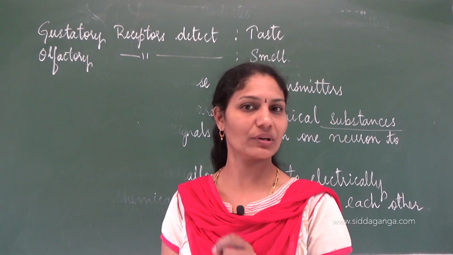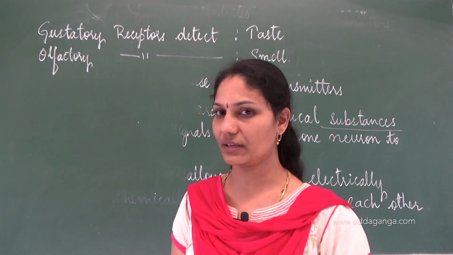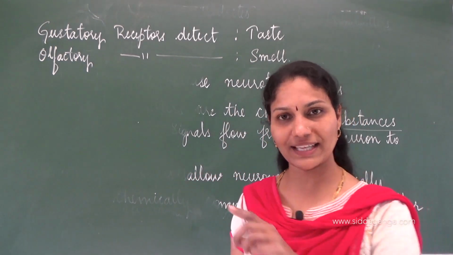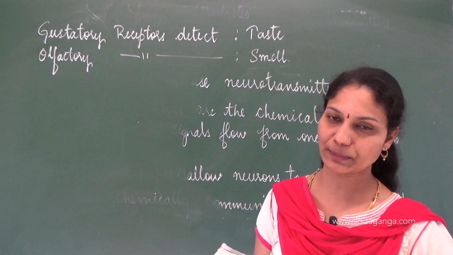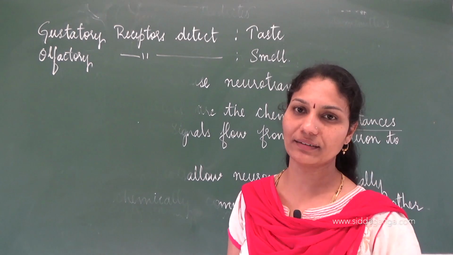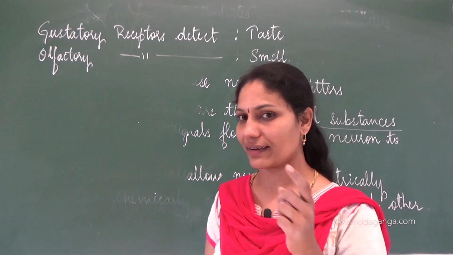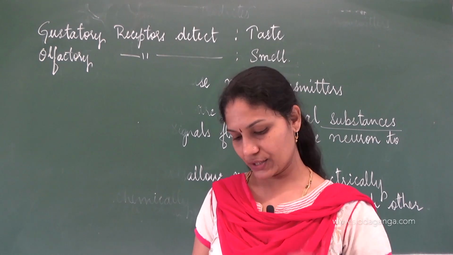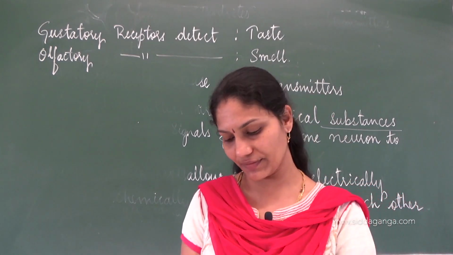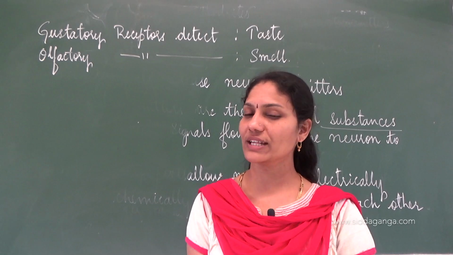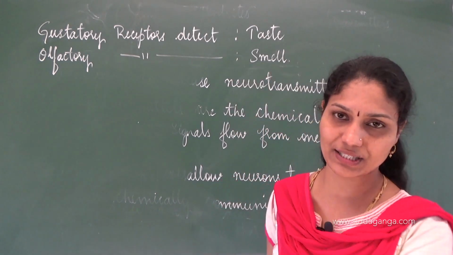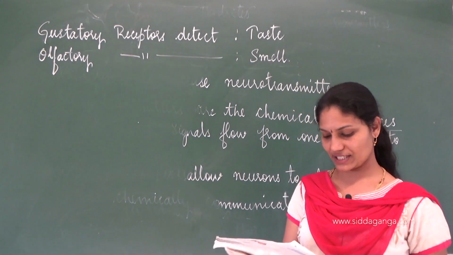So food not only will have taste but also a particular odor, a particular smell. So both gustatory and olfactory receptors work together in helping the brain detect the taste of the food and the smell of the food. So this is all about activity 7.1. The food is interpreted not only with the help of gustatory receptors but also olfactory receptors.